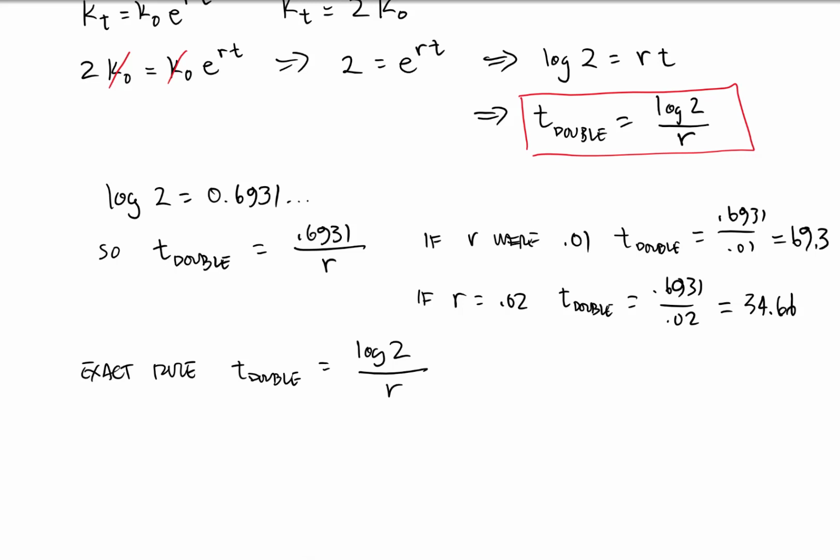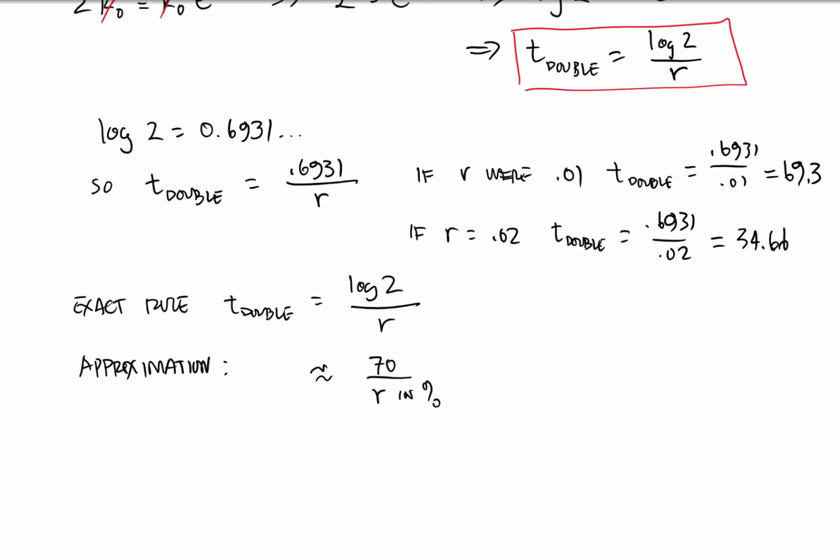We have an approximation: if that's 0.6931, my approximation is that it's roughly equal to 70 divided by R in percent. So if it were 0.01, that's 1%. We take the number 70 and divide it by 1, R in percent, so we'll take roughly 70 years. We know exactly it's going to take 69.3 years, but our approximation is that it's 70.